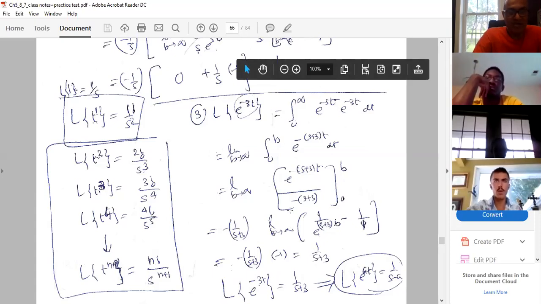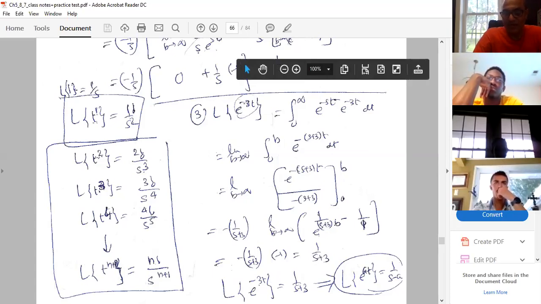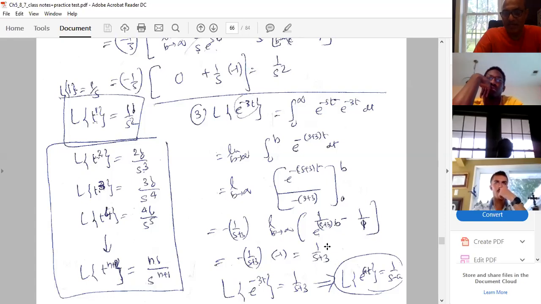So e to the power at is 1 over s minus a. Suppose e to the power negative at, that is 1 over s plus a. So the signs are opposite: negative at gives plus a, plus at gives negative a, like 1 over s minus 3.